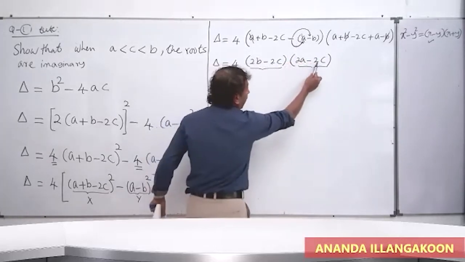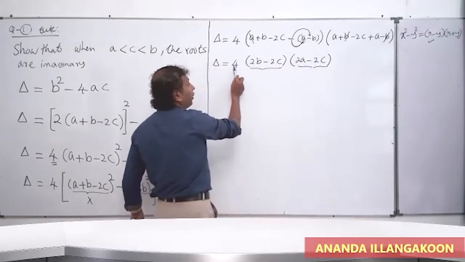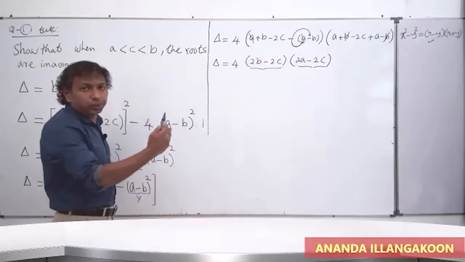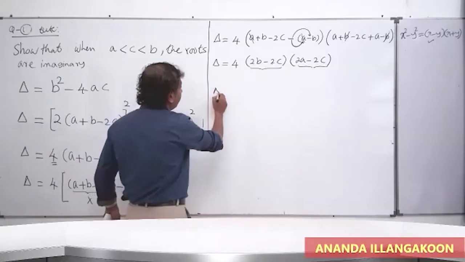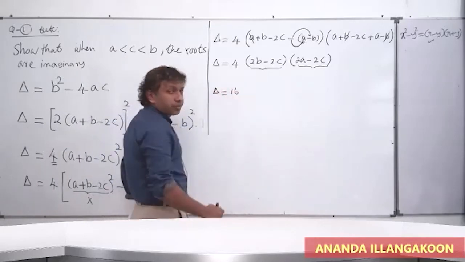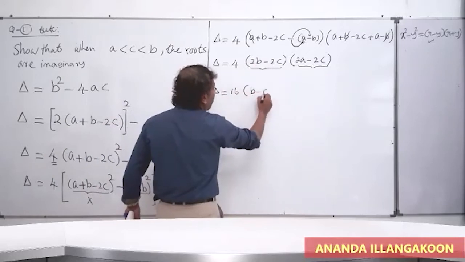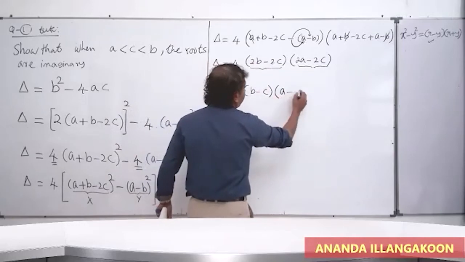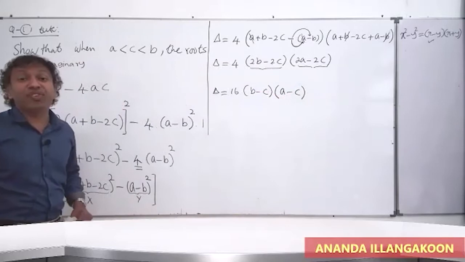The 2 taken out from this bracket and the 2 taken out from that bracket, then we have 4 into 2 into 2. 4 into 2 into 2 means, people, 16. Now, since we have taken these 2 out, we get b minus c within the first bracket and a minus c in the second bracket. This is what we get for our simplified discriminant.